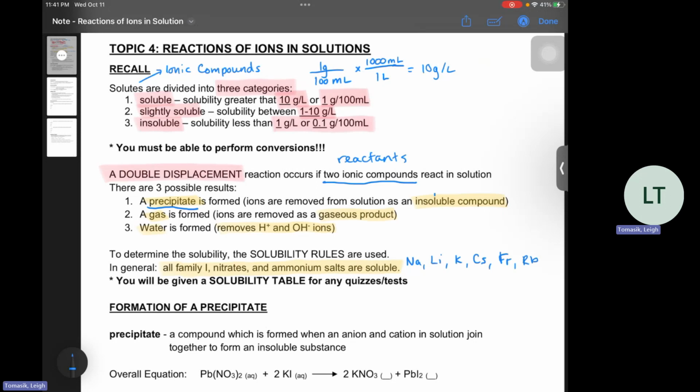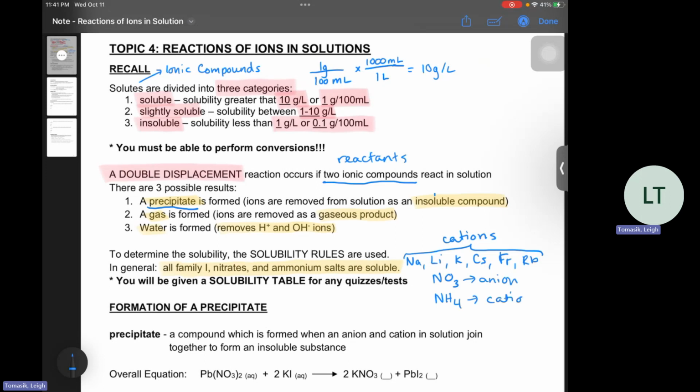Or nitrates, which is NO3. So these guys are cations. NO3 minus is an anion. Cations go at the beginning, anions go at the end. Ammonium is NH4, that's another cation.